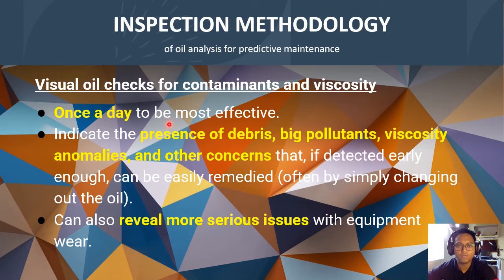Okay, now let's move to inspection methodology of oil analysis for predictive maintenance. First, we can do visual oil checks for contaminants and viscosity. This method can be used once a day to be more effective, but if we use this method once per month it is enough.